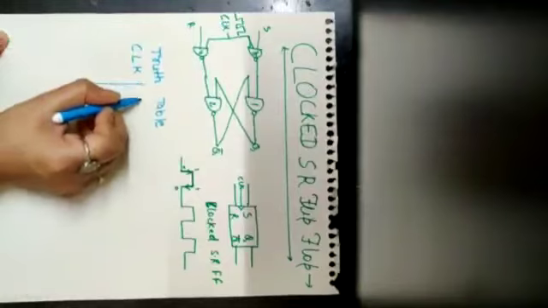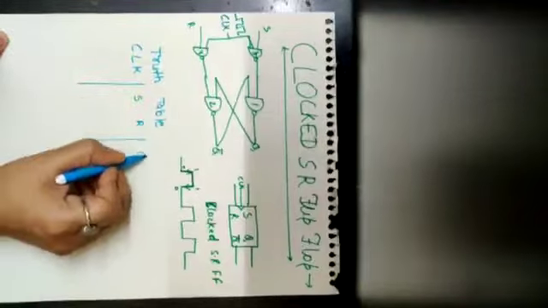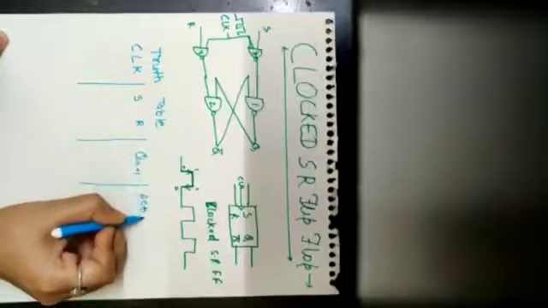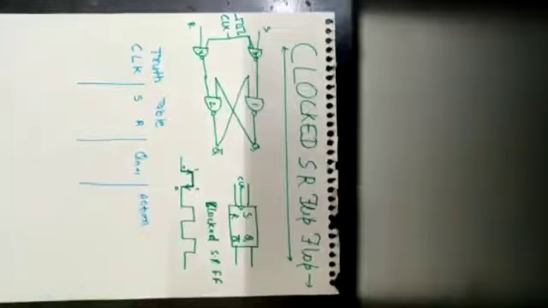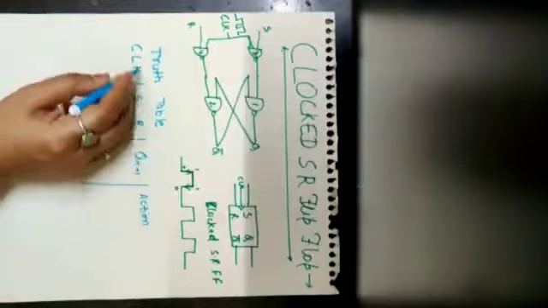So we have the clock, the inputs S, R, the output Qn plus 1, and last is the action. We are just adding one column for the clock, and the other columns remain the same as the unclocked SR flip-flop.